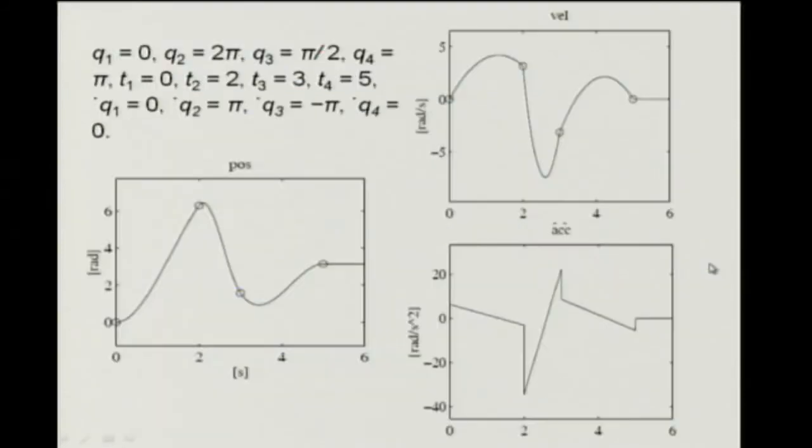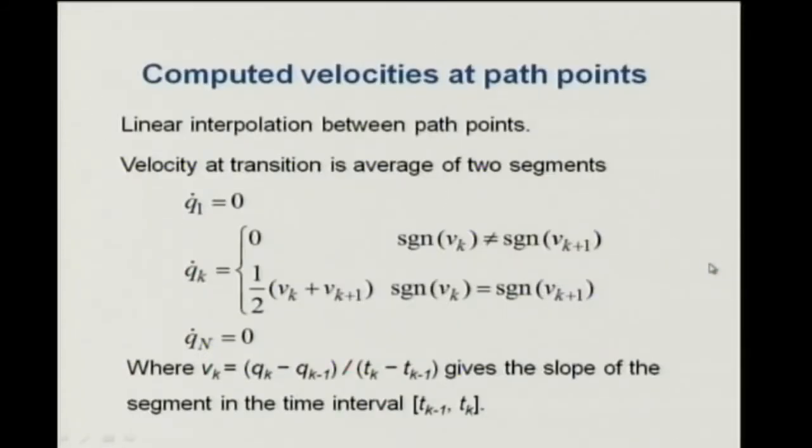So what I am saying is, if some of them are not specified, you need a reasonable estimate of the velocity at the kth point. If the user has not specified it, you find the estimated linear velocity in that interval and the previous interval.